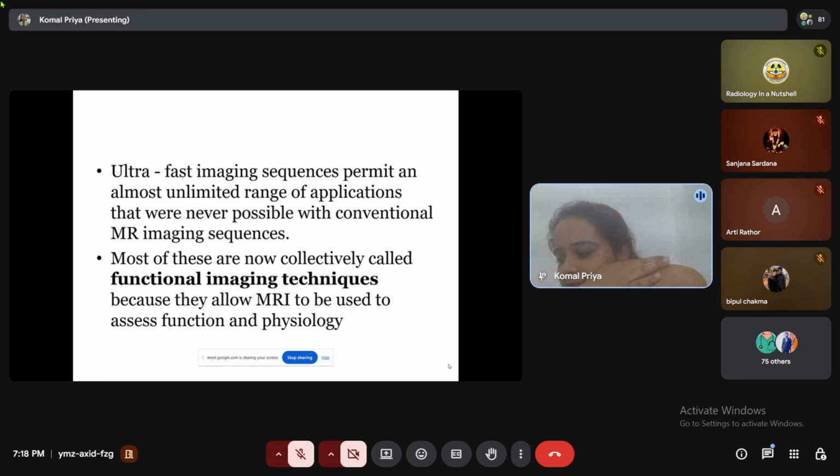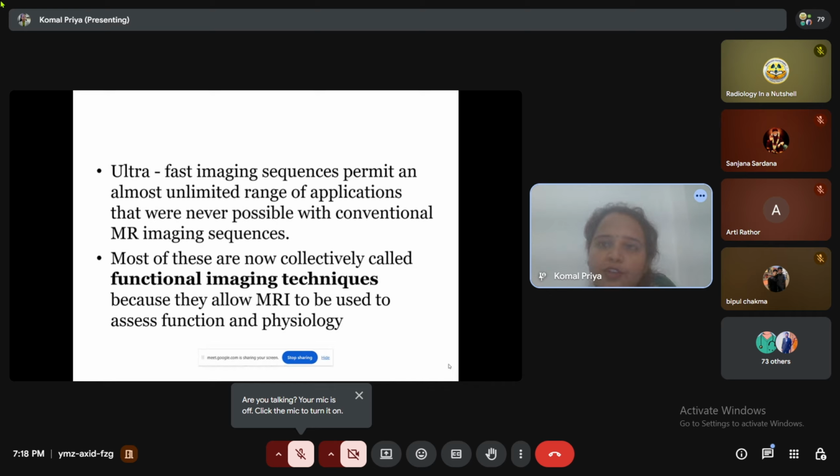From mapping brain activity to guiding surgeries, functional imaging has revolutionized how we understand the human brain. In order to understand what is happening inside the brain, what life does in action, everything can be seen through functional imaging.